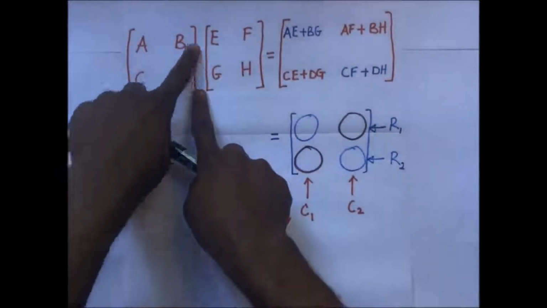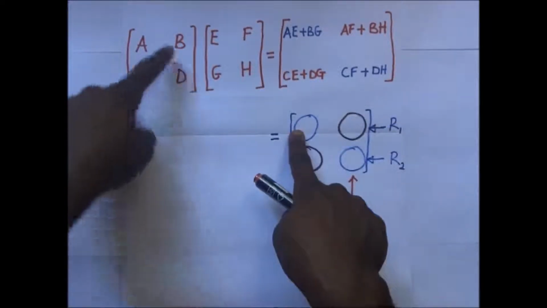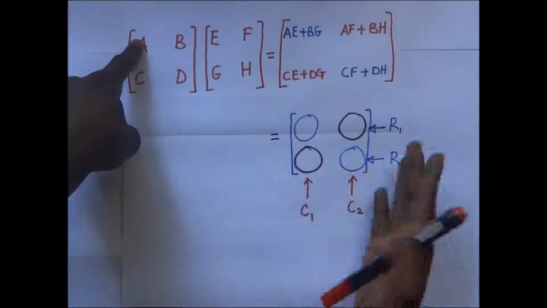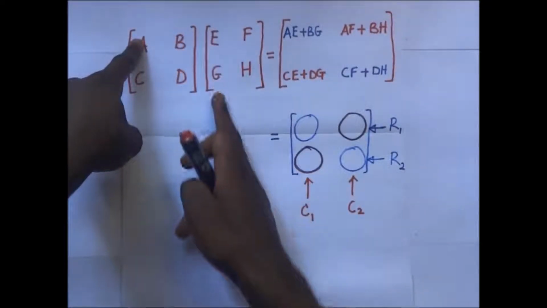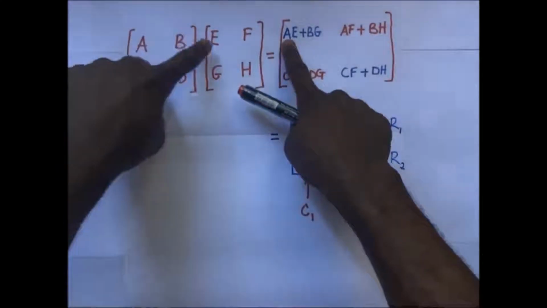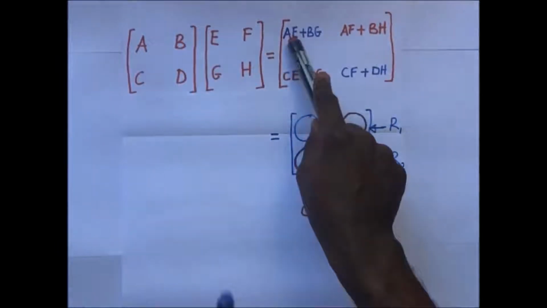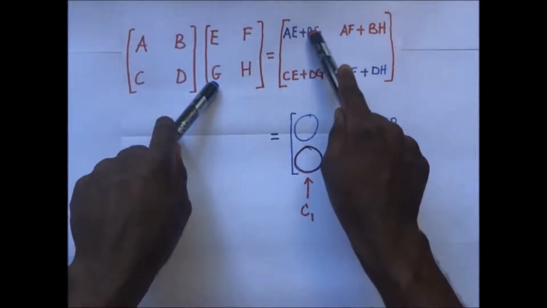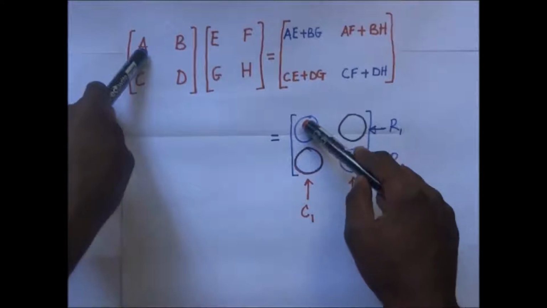So we get to our first matrix, and since it's in the top row, we are going to multiply the top row by the left hand column. So in this second matrix, it's the left hand column to get this answer. So that's how it comes to being A times E, which is this, plus B times G, which is that. So A times E plus B times G gives us that answer.